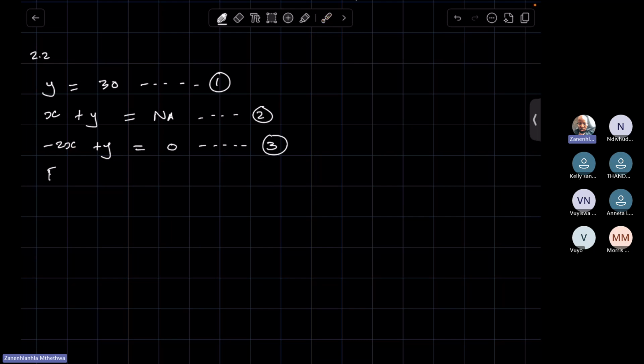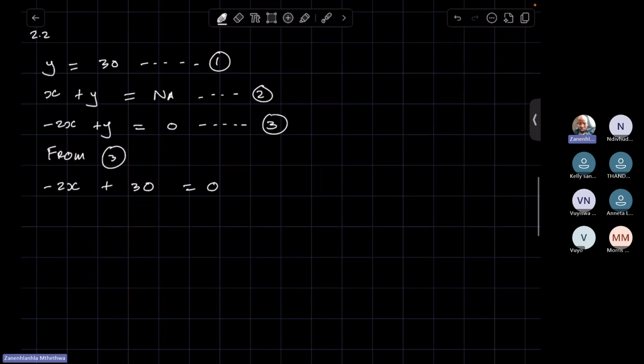So from the third equation, we have negative 2x plus the value of y, which is positive 30, so 30 remains positive, is equal to 0. Now you transpose. Obviously you can be smart.